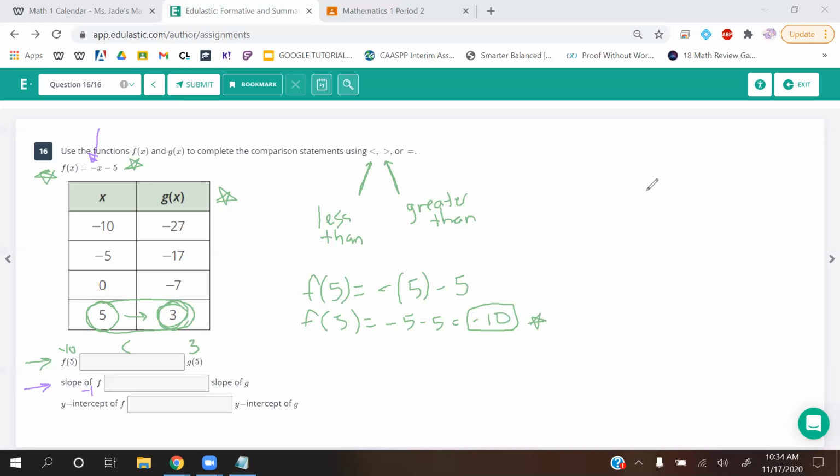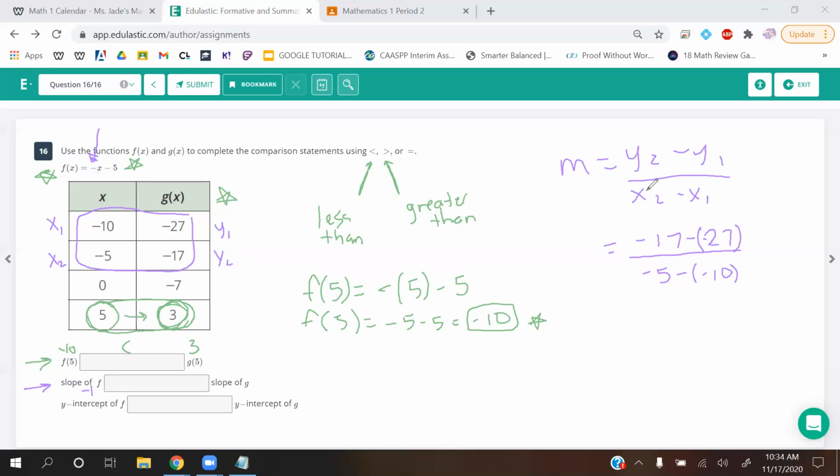To get the slope of g of x, you have to choose a set of points. I'll just choose those two, and then you label them y2, y1, x2, x1, and we plug it into the average rate of change formula, the slope formula. So we have negative 17 minus negative 27 all over negative 5 minus negative 10.